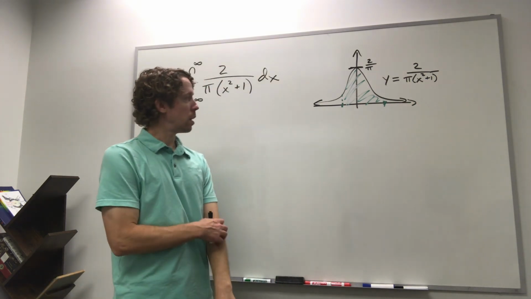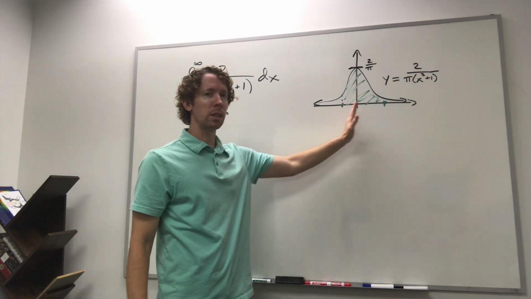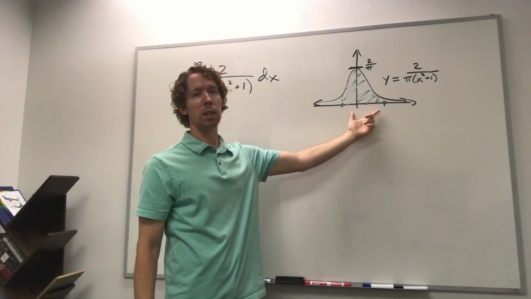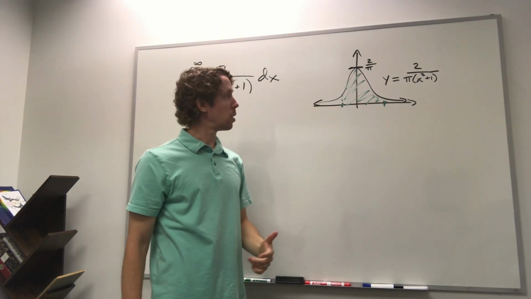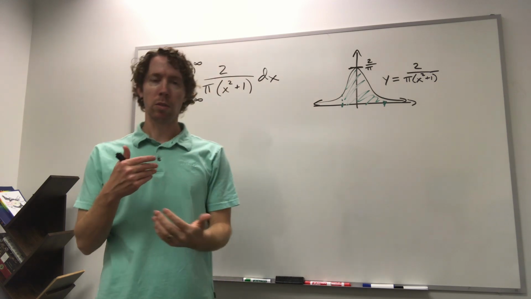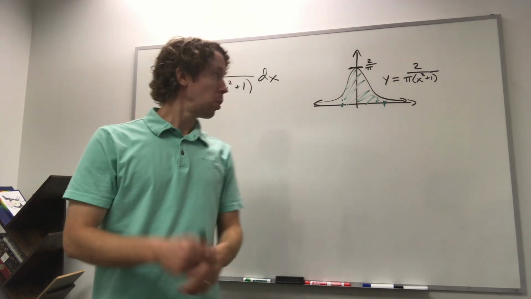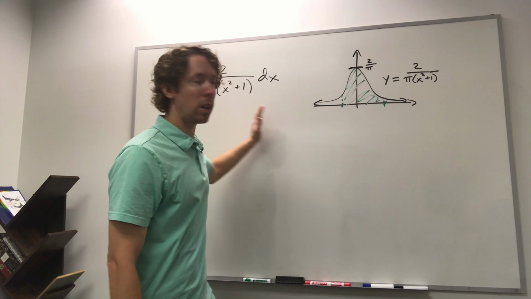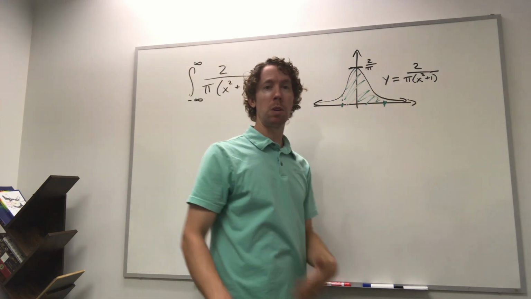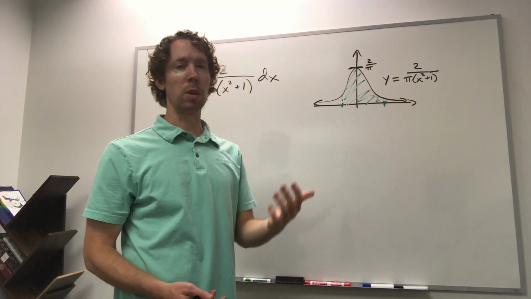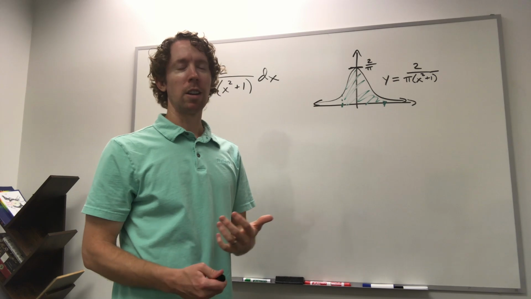So if you understand this setup, that the probability is given by this integral, then the probability that your random value that you choose will land between negative infinity and positive infinity should be 100%. Should always land somewhere in there.